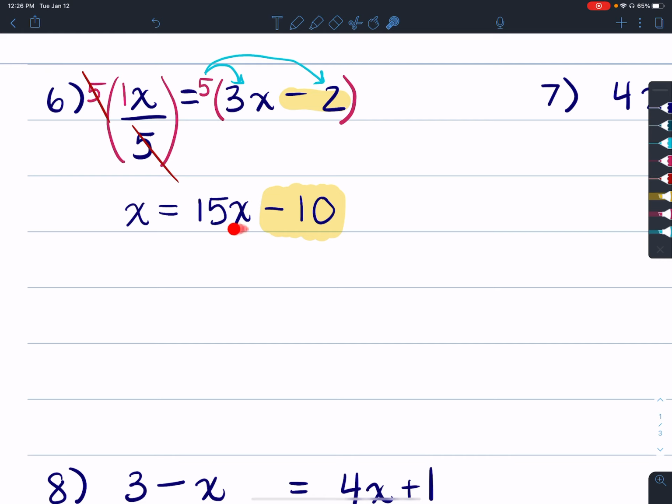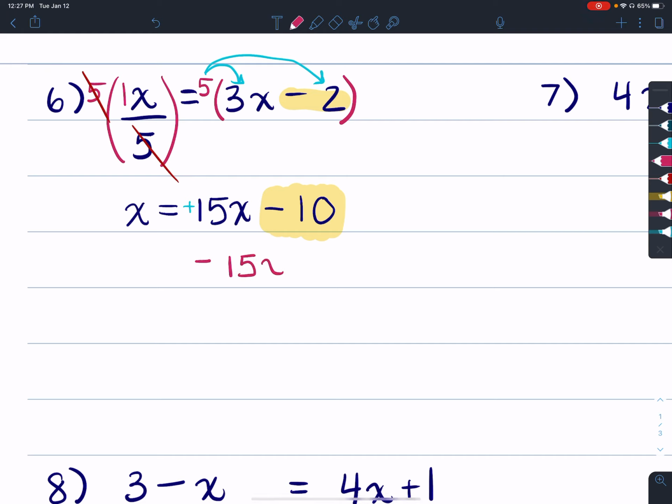So that means I want to get rid of 15x. This is a positive 15x. I'm not saying it because it's the first term in the expression, but it is a positive 15x. So in order to remove a positive 15x, I need to do the opposite operation. So I have to subtract it.